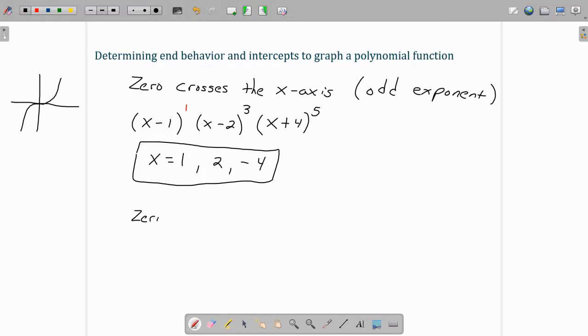And then we have zeros that touch the x-axis. And that happens when we have even exponents.